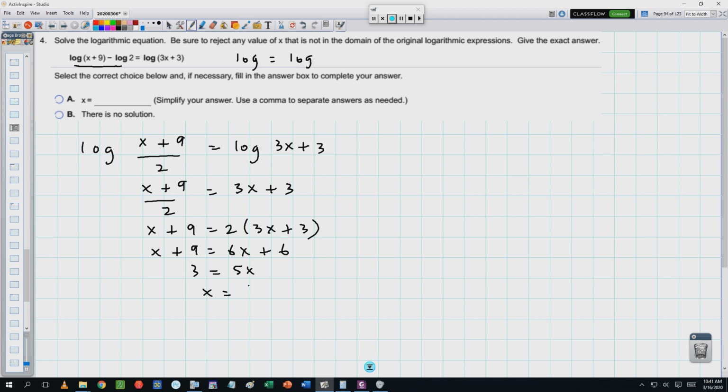I get x is equal to 3 divided by 5. Now, is that a problem? It would be a problem if I plugged it in here and I got a 0 or a negative, or if I plugged it in here and got a 0 or a negative. And I won't. That's a good answer.